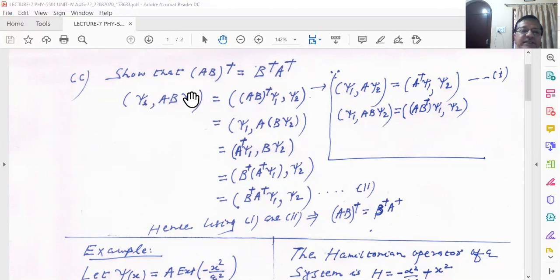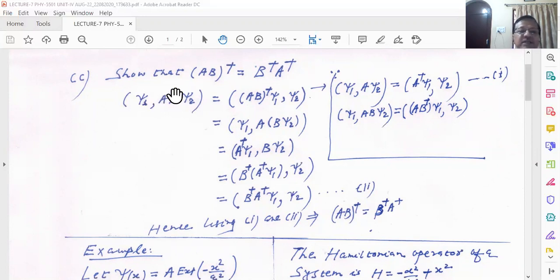I take the scalar product with psi1, and I want to prove AB dagger. So I take the operator product AB with psi2. The first factor of the scalar product is psi1, and the second factor is AB operating on psi2.